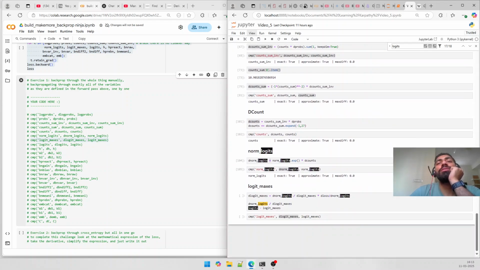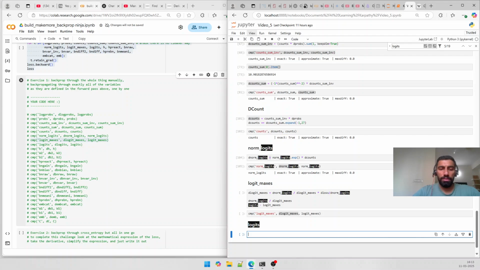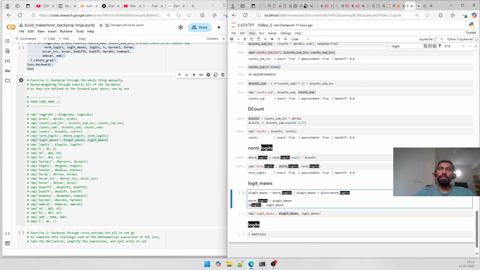Let's calculate logit maxes, but logits, right, needs to be calculated. Two additions need to happen for this. Yeah, so d of this by this.